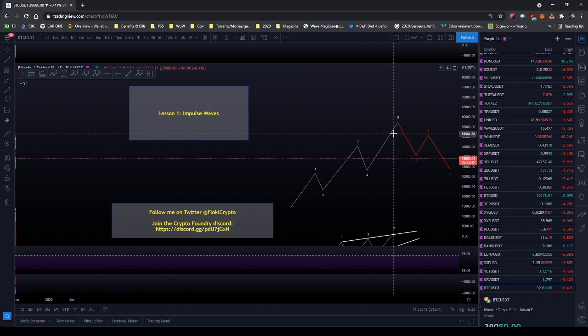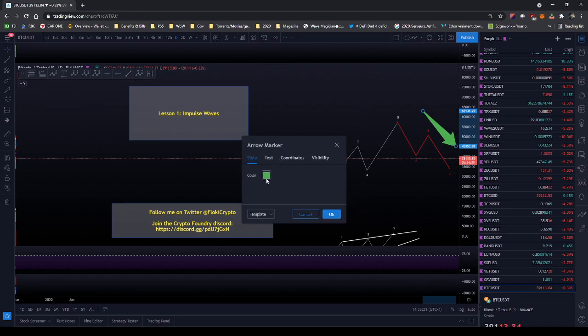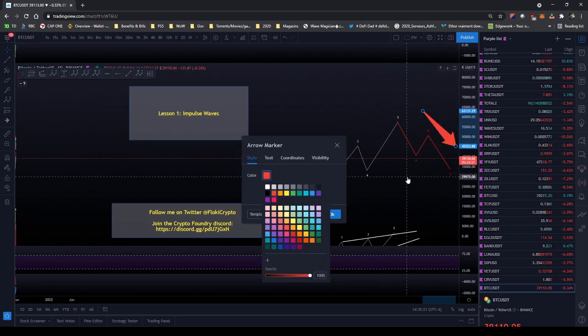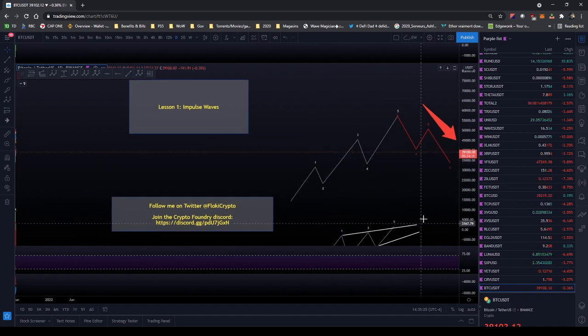Speaking of impulse, your strong waves when you're correcting downwards follow the opposite direction. So you now have the strong wave being wave A, the corrective wave B, and another strong wave in C.